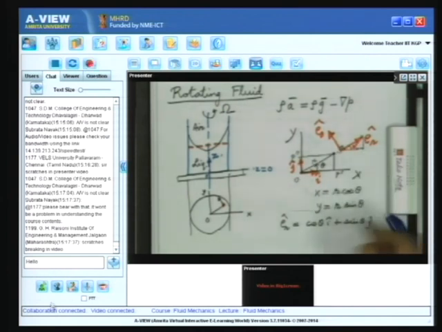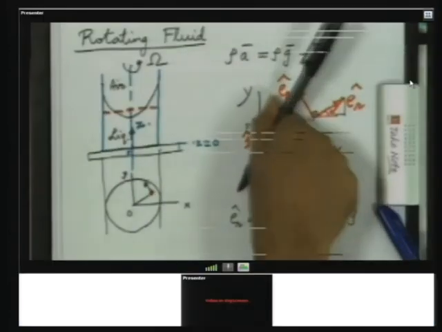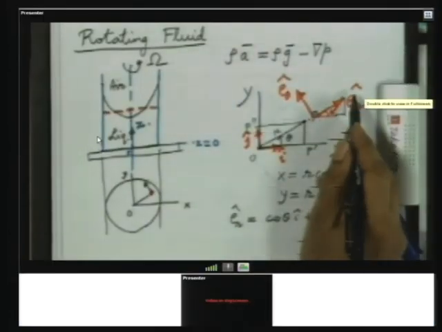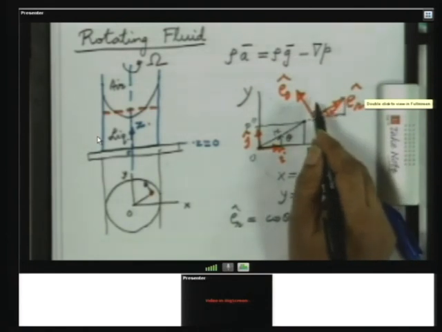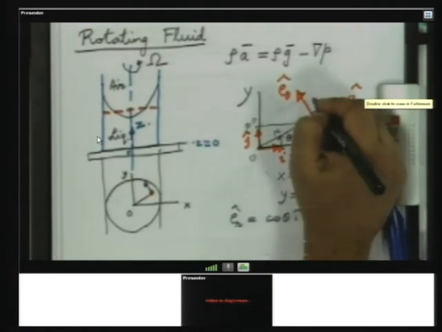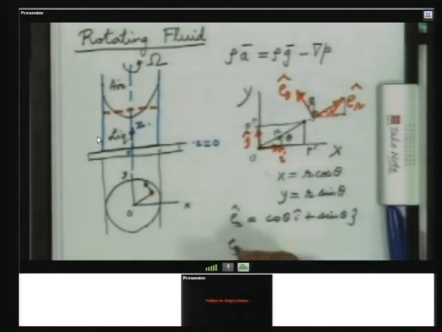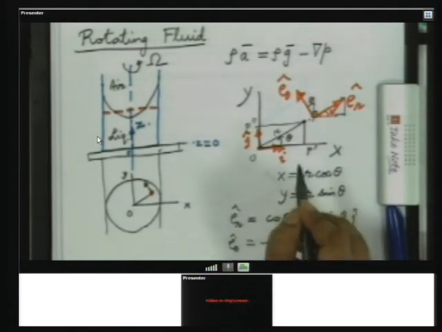So, you can see that e_r depends on theta. If you change the angle, although the magnitude is still the same, it is 1, the direction is changing, so that you have a different vector. Similarly, if I draw the vertical line over here, this angle is theta. So, e_theta is minus sin theta i plus cos theta j. So, that is also a function of the angle.